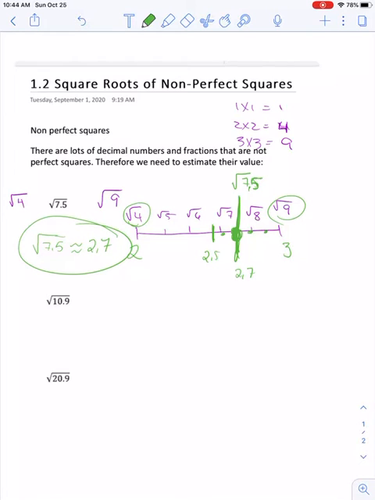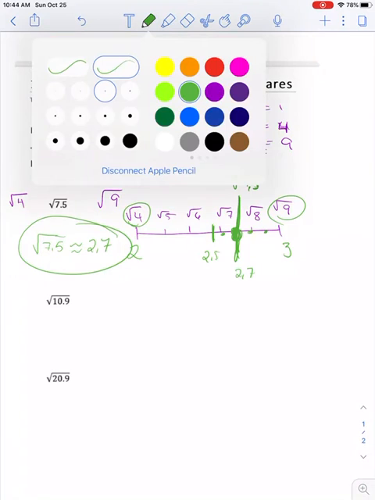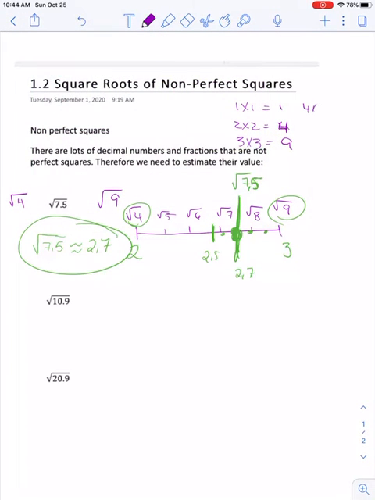We're going to do the same thing with the following one. So we're going to have to find the perfect squares, the one that comes before 10.9 and the one that comes after. So I know that 10.9 is in between 9 and 16. And we're going to be doing the same thing. We put a number line.